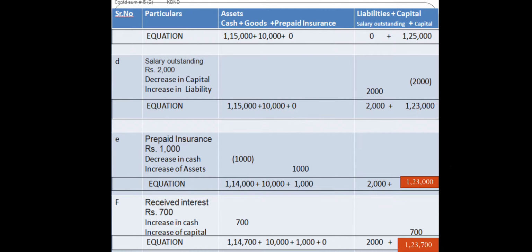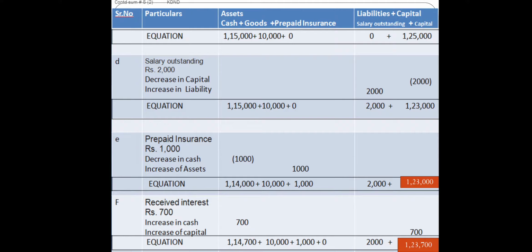Then comes the next transaction, prepaid insurance. Prepaid insurance will give you a decrease in cash and an increase in assets. So in this particular case, there will again be a new column. Why will there be a new column? Because we have paid some expenses in advance, so it is good for the business.